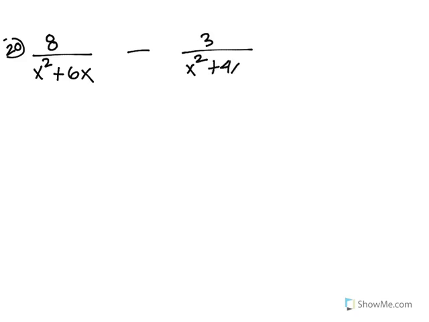And then number 20. 8 over x squared plus 6x minus 3 over x squared plus 4x minus 12.